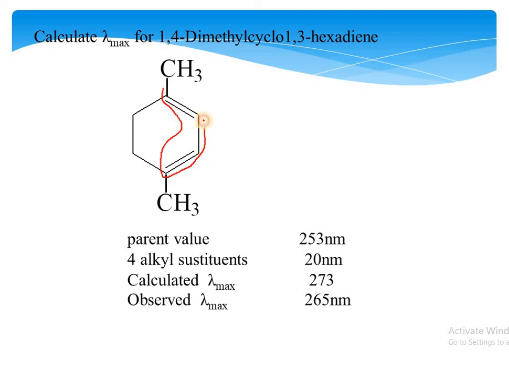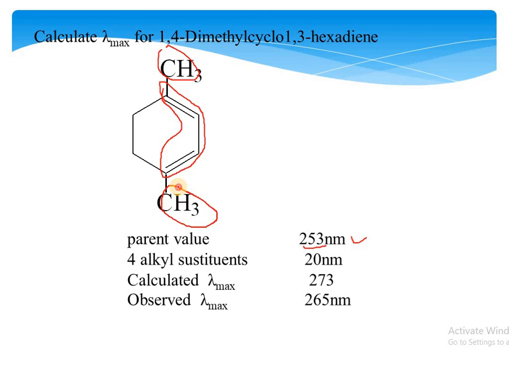The base value of the molecule is this, but these two double bonds are a diene present in a single ring, therefore it is a homoannular diene. For homoannular we already know 253 nanometers is to be taken as the base value. In this, one alkyl group is present, and then another alkyl group.